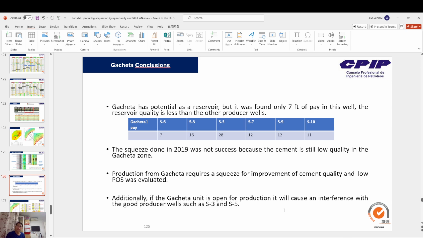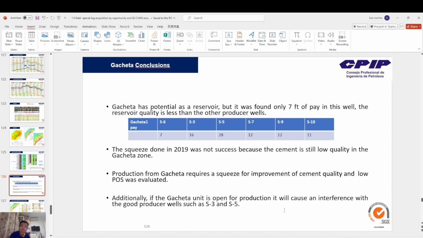Gogeta conclusions. Gogeta has potential as a reservoir, but only 7 feet of pay was found in this well. The reservoir quality is less than the other producer wells. The squeeze job in 2019 was not successful because the cement is still low quality in the Gogeta zone.